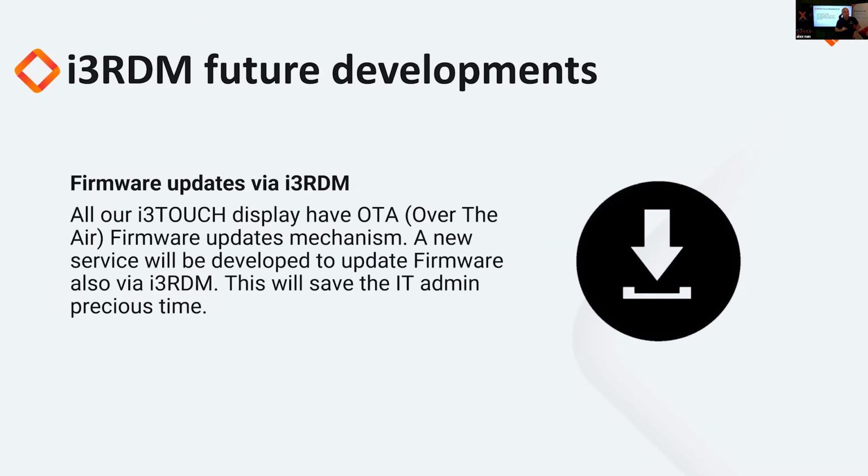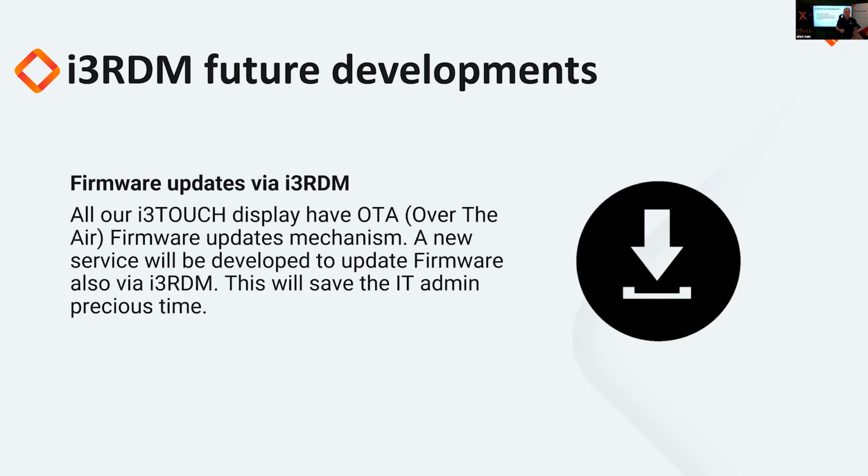The first important improvement will be for the firmware updates. All our devices have an OTA firmware update mechanism, but the OTA firmware updates will also be possible to roll out via RDM.